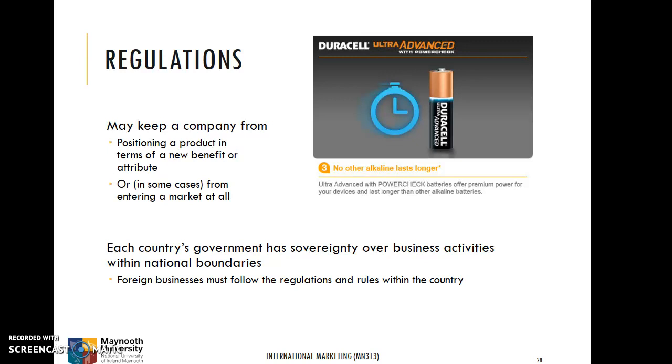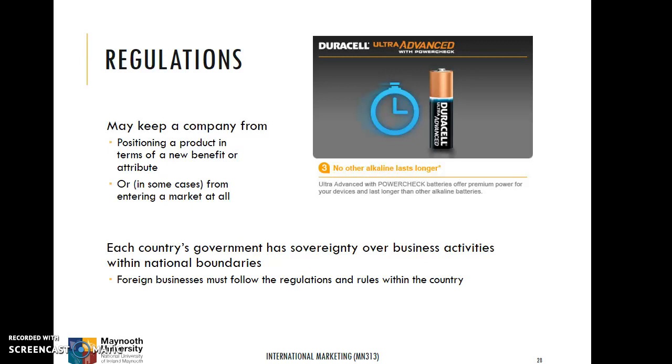So recently across Europe, we've had the GDPR, and that's the regulation and protection of data across all organizations. So any company who's coming into Europe from outside of that will have to adhere to the general data protection rules, etc. In the same sense, diet claims on particular products will have to fall into the regulations of the new host country in which it enters.